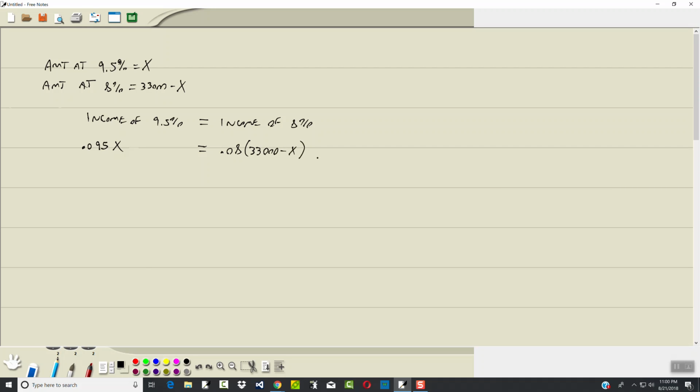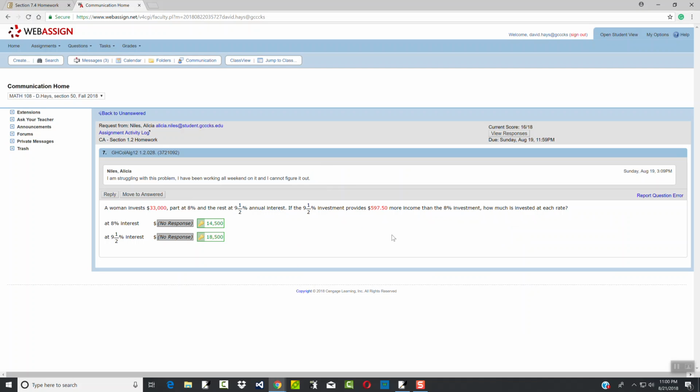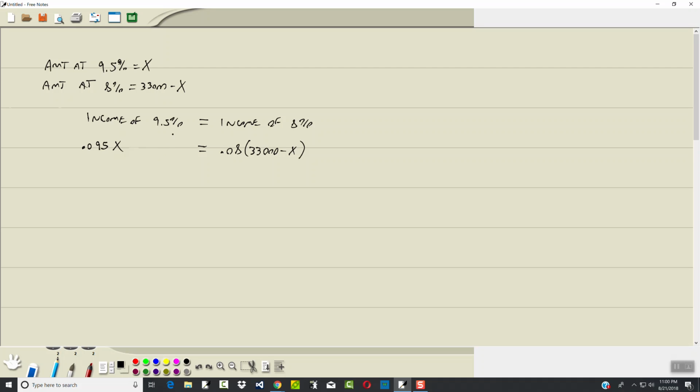33,000 minus x. Now I always have a little bit of trouble with these because it says the 9.5% investment provides 597.5 more income. More income. So this is that much more.